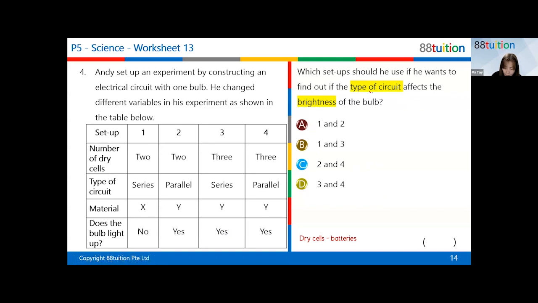So when you are considering types of circuit, this is the one that you are going to change. Clear? This is the changed variable. Do you all remember about the different variables or not? Yes or no? Yeah.